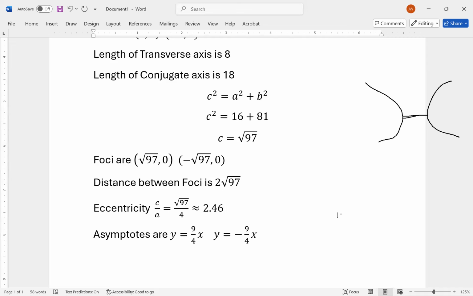You can convince yourself that that's always going to be the way, since C squared is equal to A squared plus B squared, so C is always going to be bigger than A. So this fraction always has a numerator larger than the denominator, and therefore is always bigger than 1. So on a hyperbola, eccentricity is always bigger than 1.